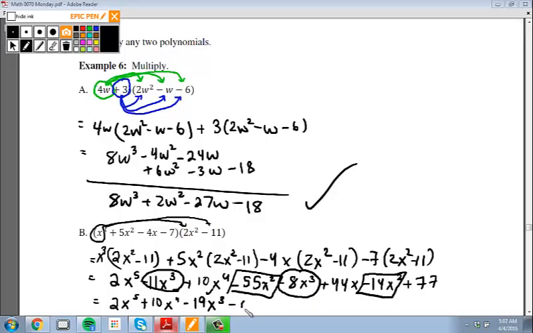That is minus 69x squared. And then I have a 44x, so plus 44x, and then plus a 77 at the end. Cha-ching. It is all real all the time.